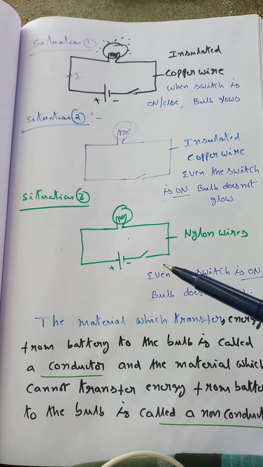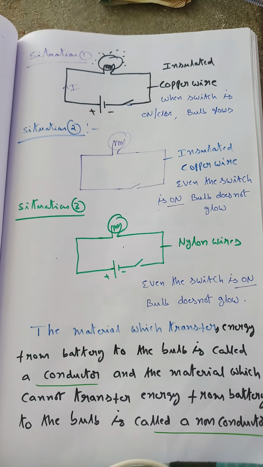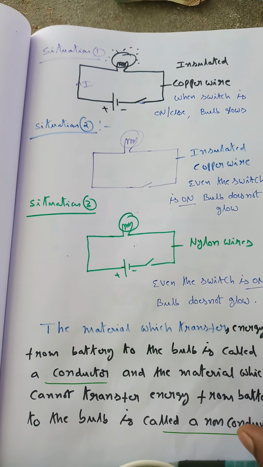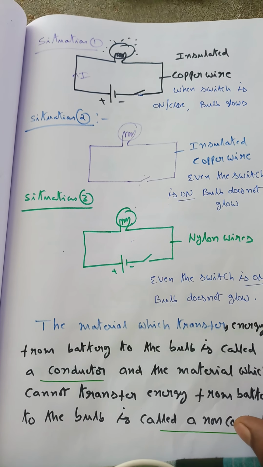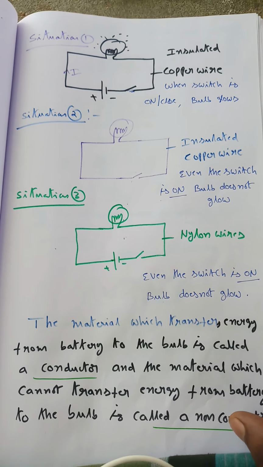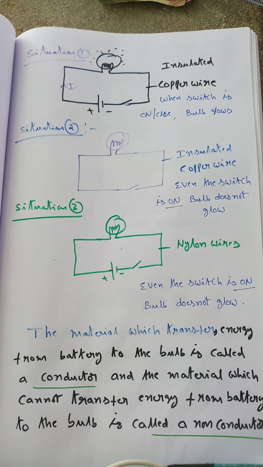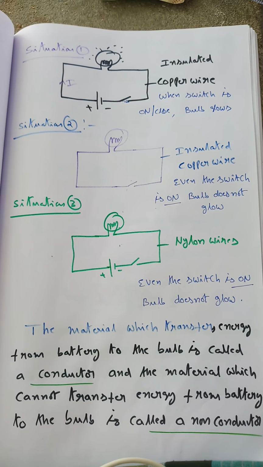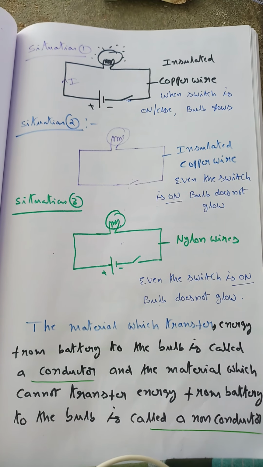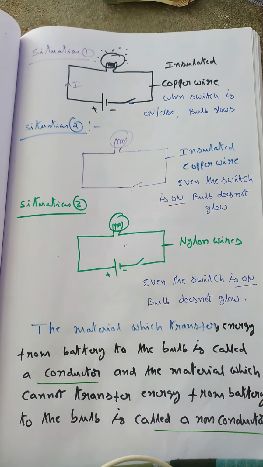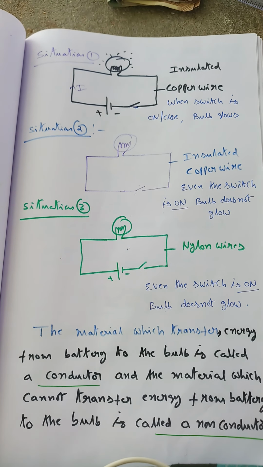Now see here, the scientists Drude and Lorentz proposed in the 19th century that there are some conducting materials, metals, which can have free electrons.